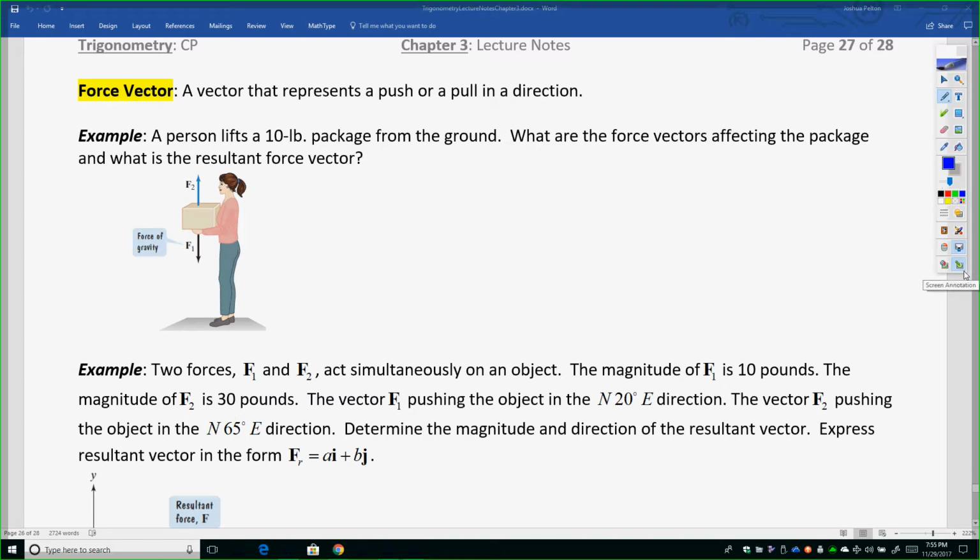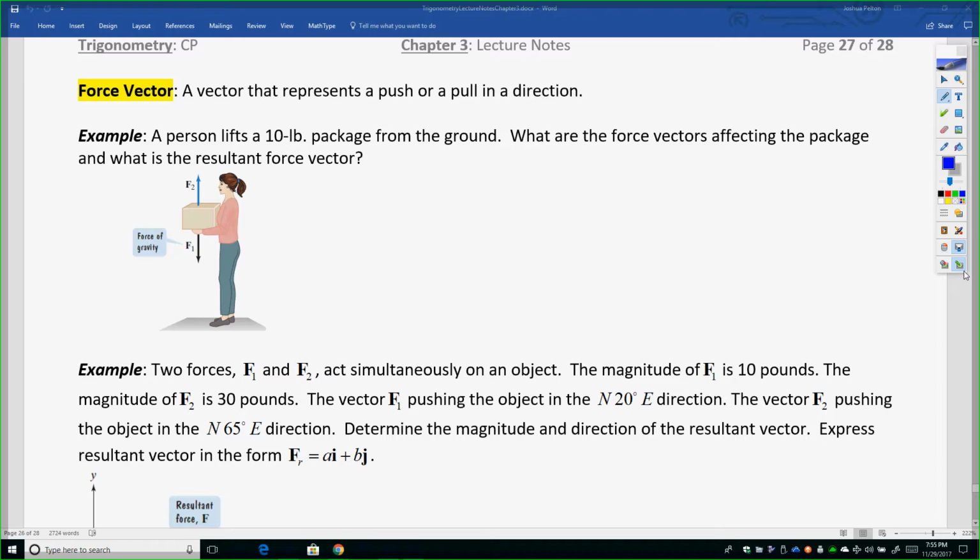So we did velocity vectors. Next we're going to do force vectors, and force is a push or a pull in a direction. Just for explanation's sake, you have a person here holding up a box, and gravity's pushing down on the box. You're holding the box perfectly still somewhere in three-dimensional space on Earth. So what is the resultant vector for the box? Well, if the box is not moving, that means it's not going in a direction.